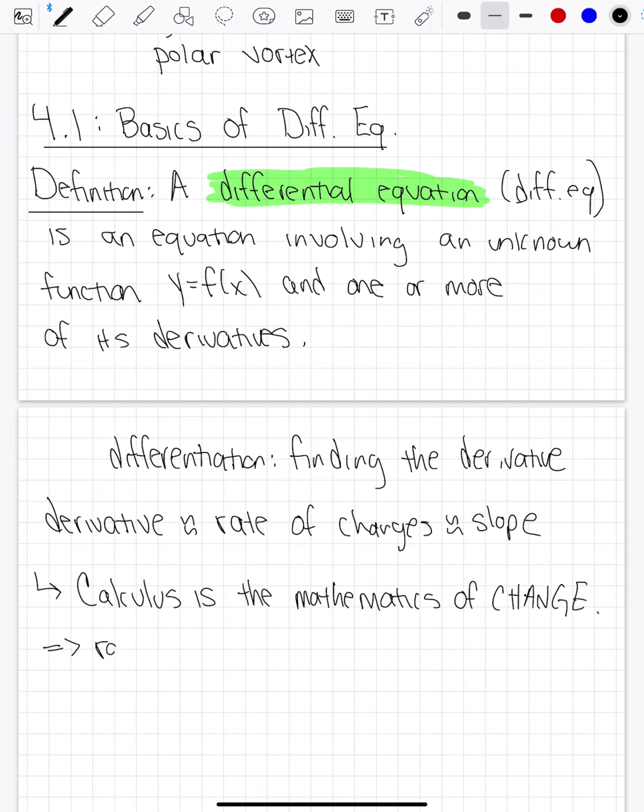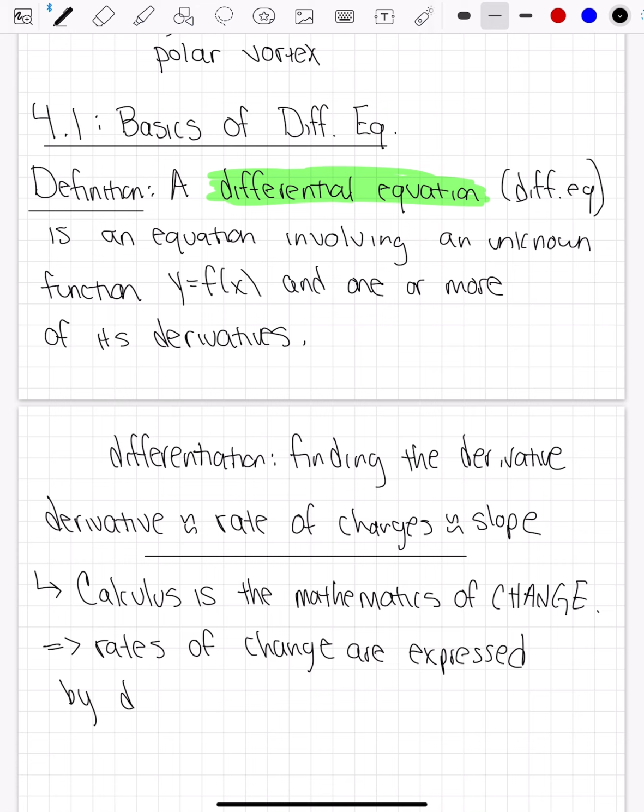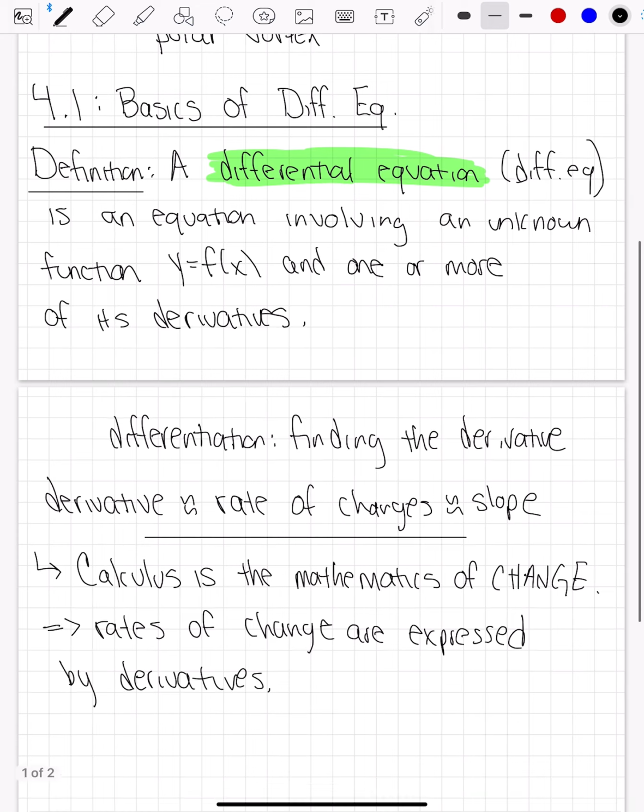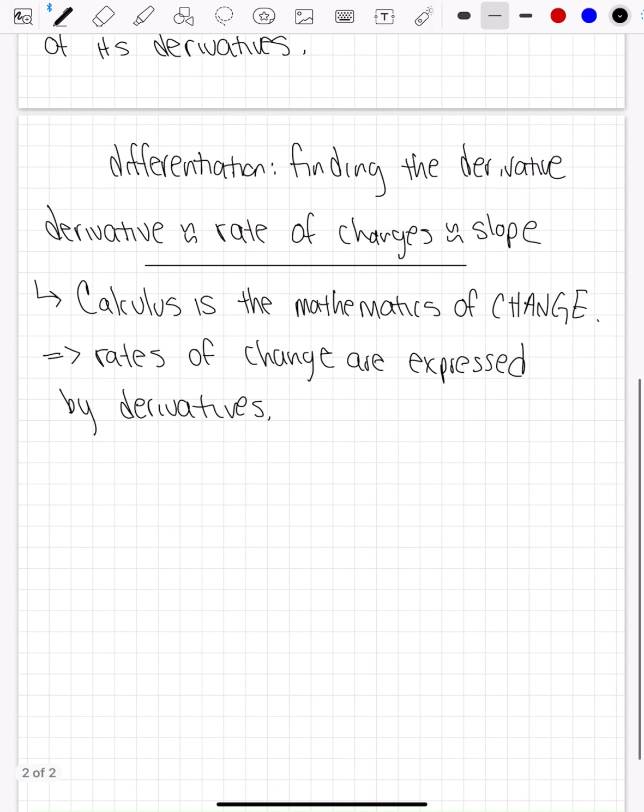So rates of change are expressed by derivatives. And since differential equations use derivatives on top of just using the function itself, differential equations are able to incorporate how things change.